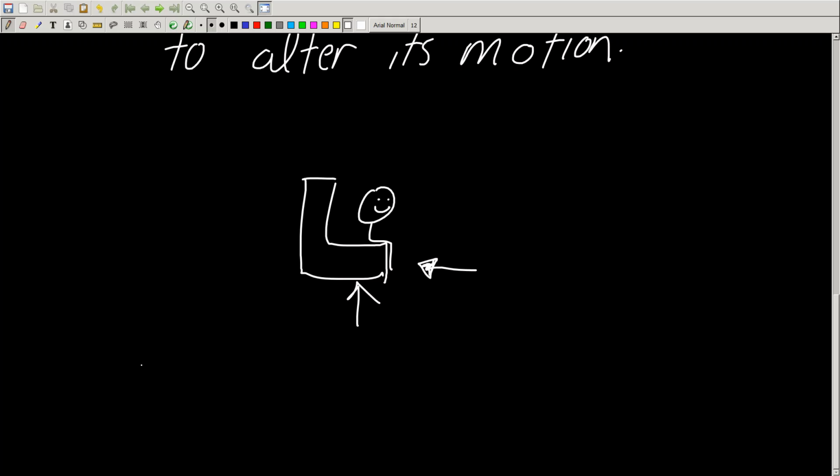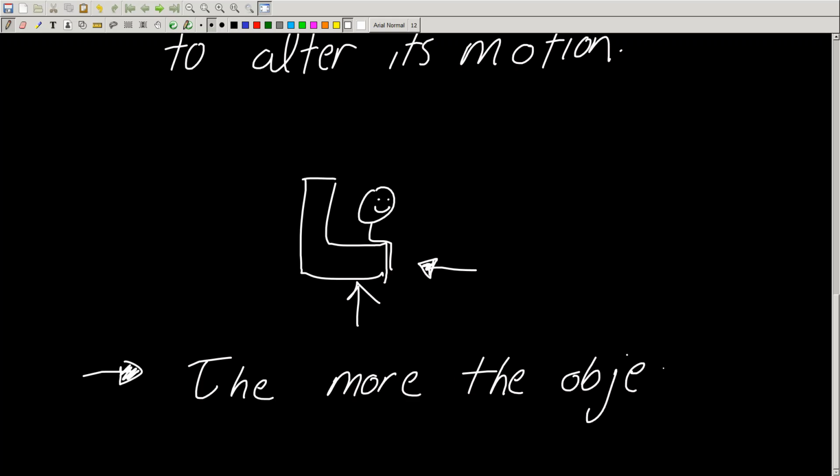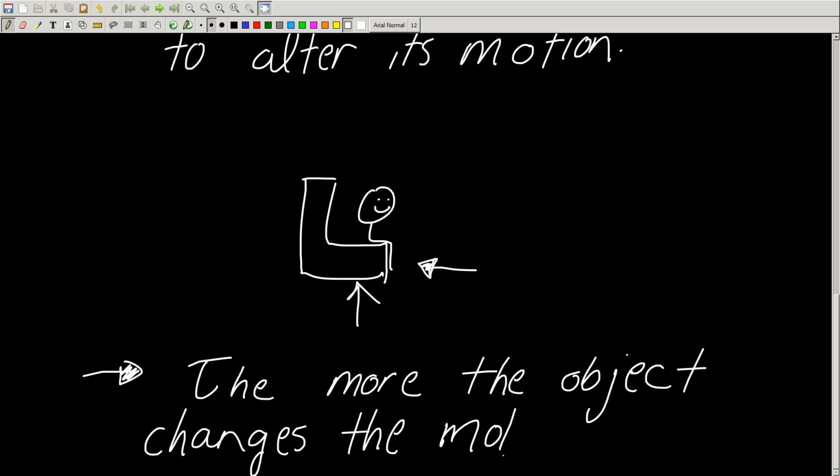So it's really just the strength of that push or pull that causes an object to change its motion. The more the object changes its motion, the stronger the force applied to it. That's the idea.